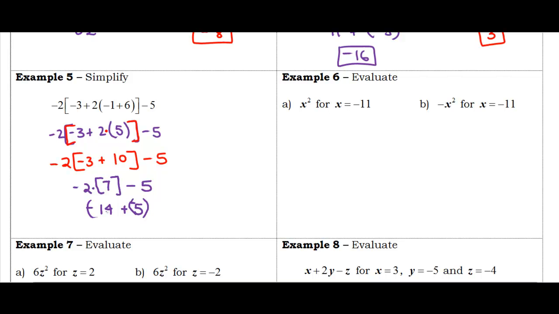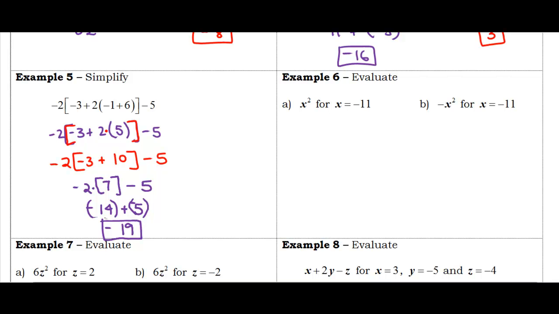And so is my answer positive or negative? Negative what? 19. Okay? We have to see this problem correctly. The doing part isn't so bad. I mean, you have numbers. You kind of know what to do with the numbers, but you have to do them with the right numbers.